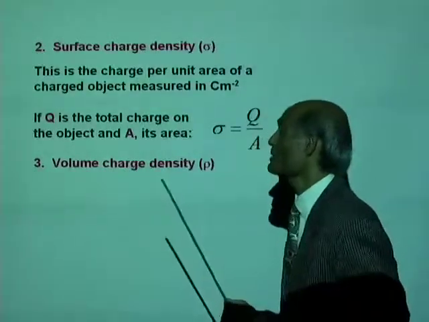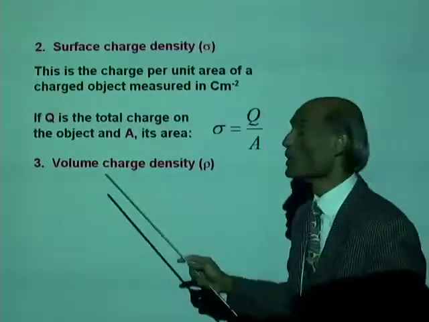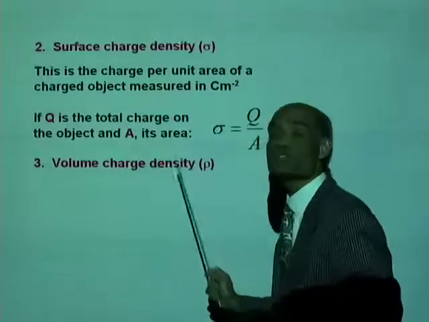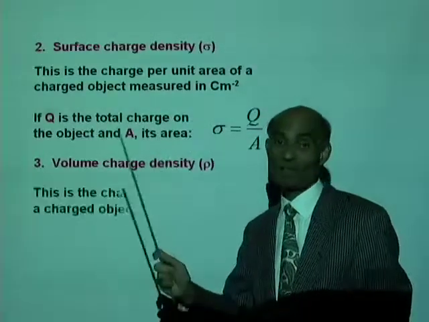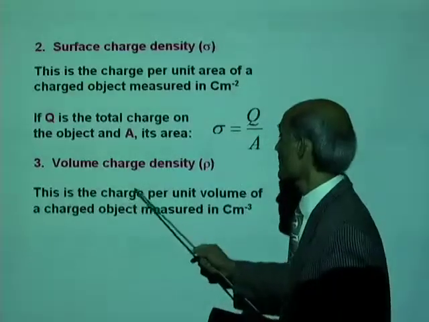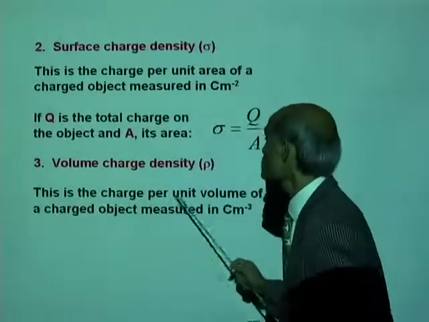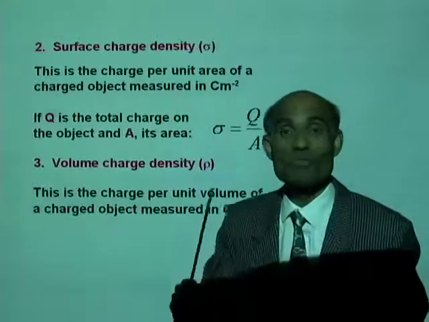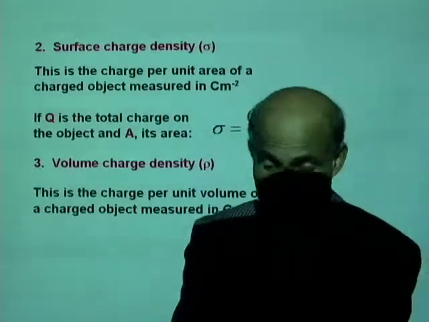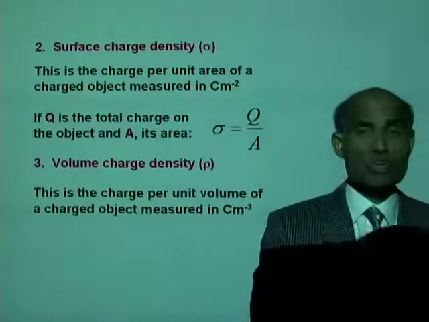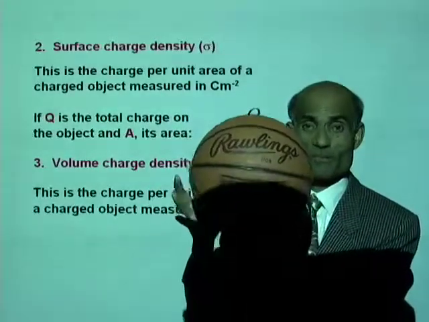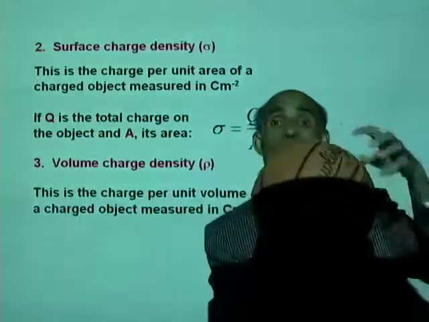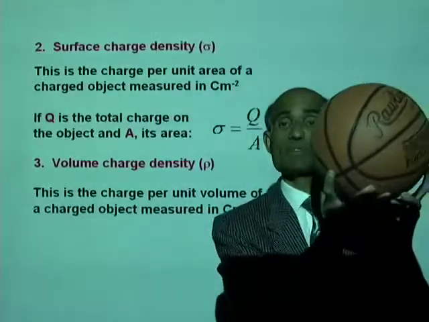And the third quantity we will be using is volume charge density, represented by rho. Well, that is simple now to understand. In other words, this is the charge per unit volume. Now tell me, if I have now a solid object and it is charged, that means the whole of the object, inside and out.